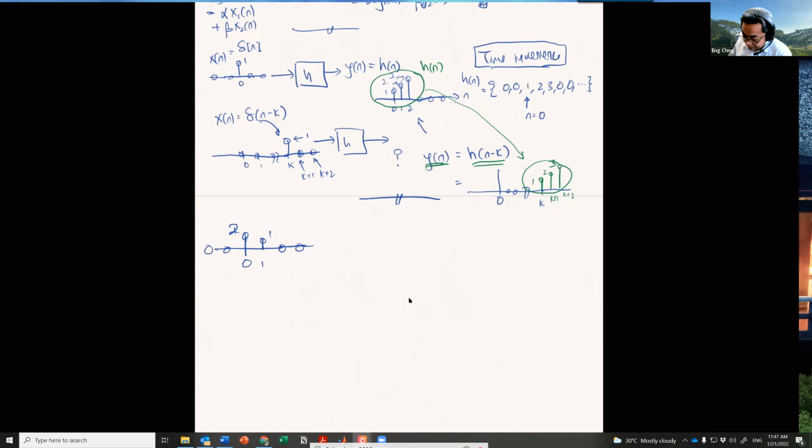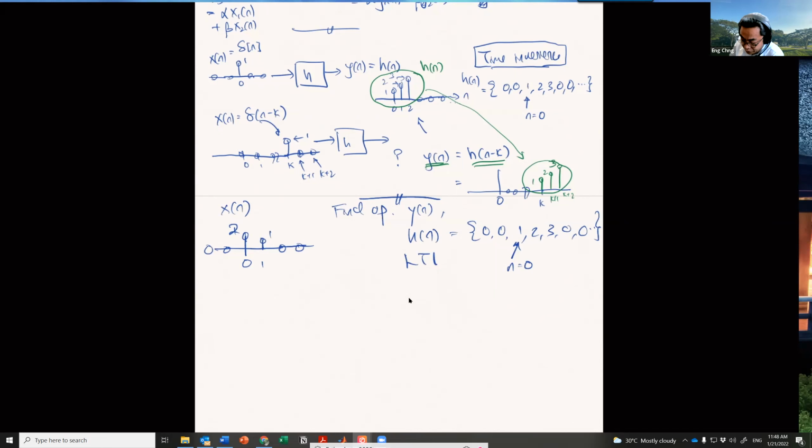All right, so I'm going to now find the output y of n, given this is my input, and given that h of n is equal to the sequence, this is n equals to 0, what I've said. And I tell you that my system is linear and time invariant.